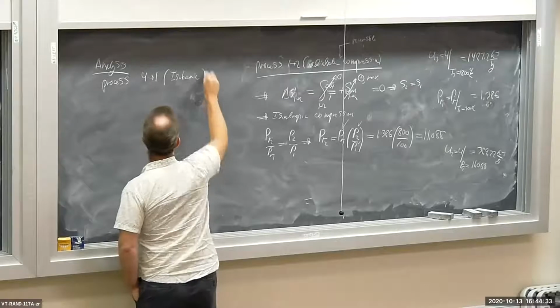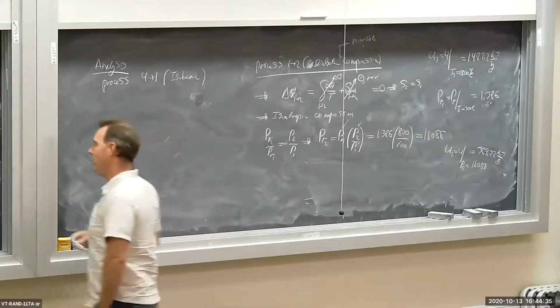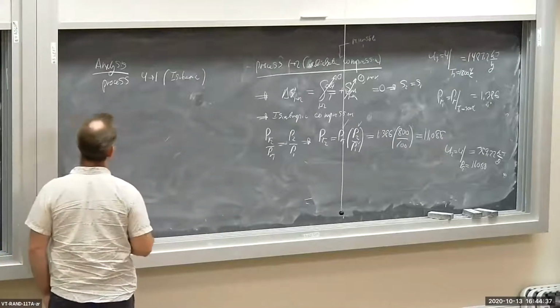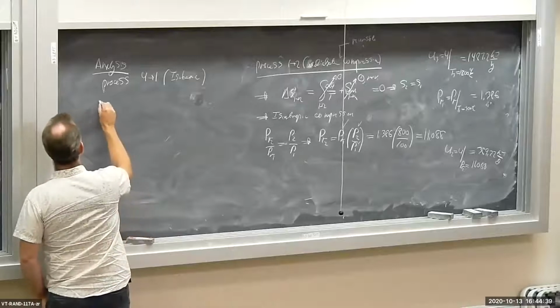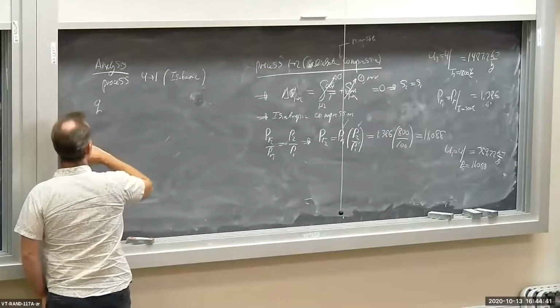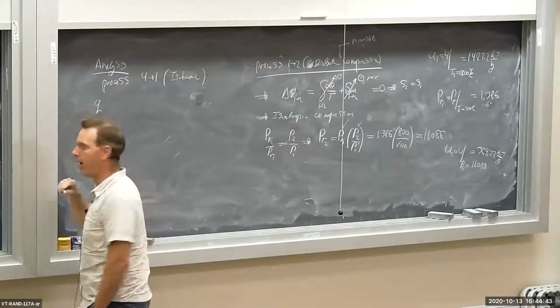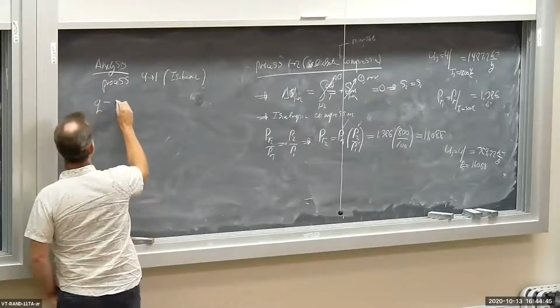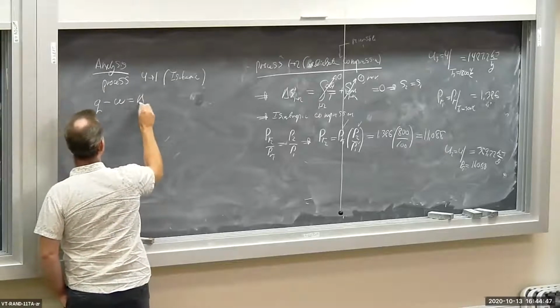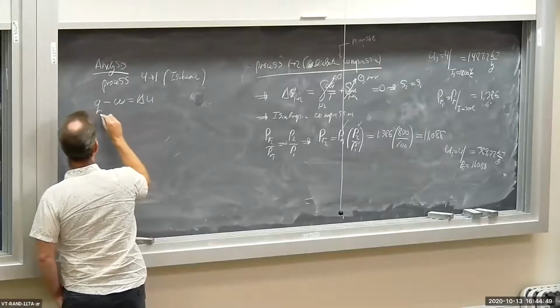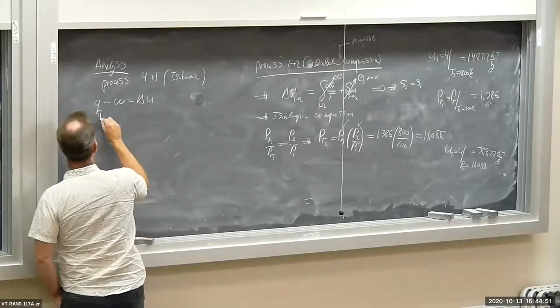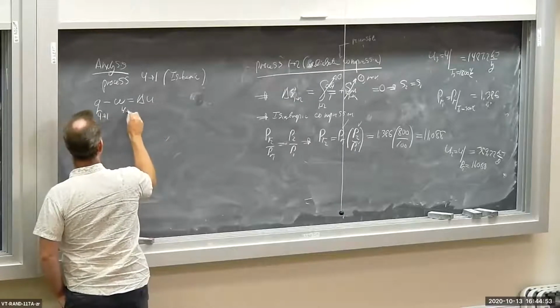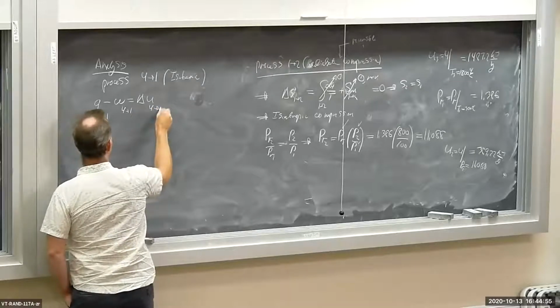Isobaric heat rejection, okay? So let's write the energy balance right here. So we have Q. Now, this is heat rejection out. So we have Q is equal to W plus delta U. And this is all from 4 to 1.